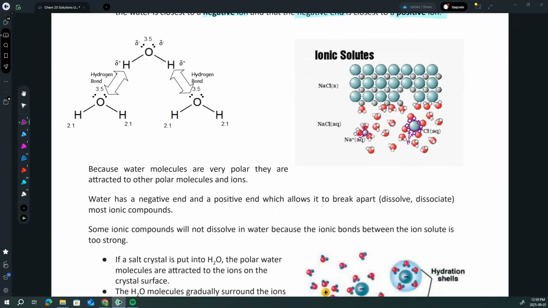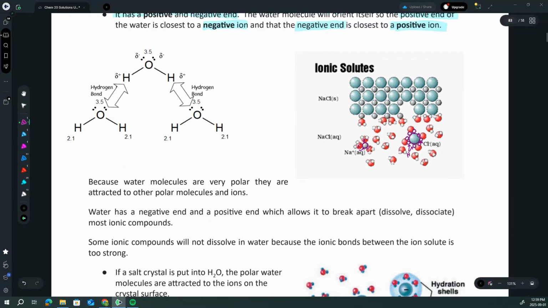So because water molecules are very polar, they're attracted to other polar molecules as well as ions. What this is saying is that water is going to help to dissolve other polar molecules, which we've talked about before with like dissolves like.